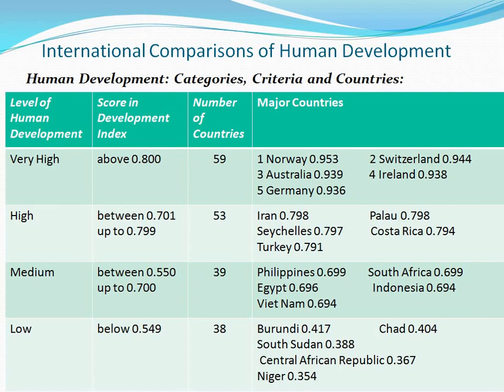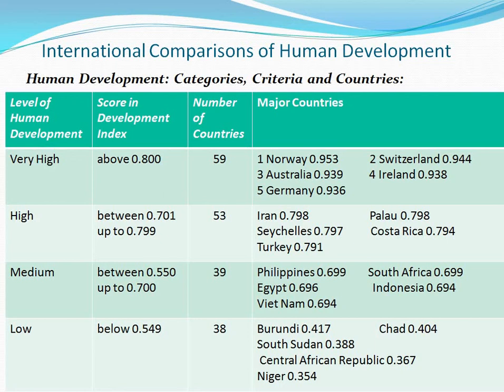In this category, 59 countries come, and most important, the top 5 countries which have the highest rank in terms of human development. That is, the first one is Norway, second Switzerland, third Australia, fourth Ireland, fifth Germany.